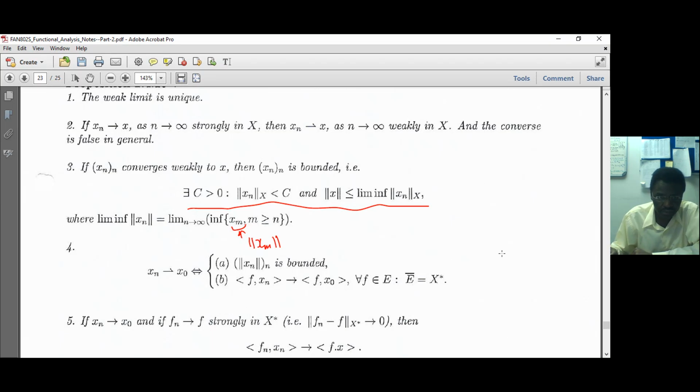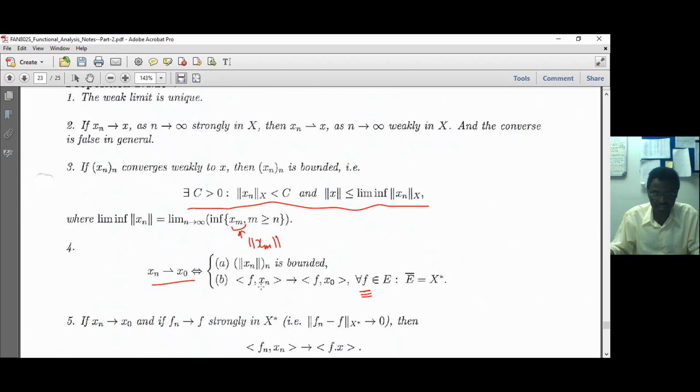Okay, another result. To say that xn converges to x0 weakly is equivalent to the modulus of xn being bounded, and for any f in E, where E is dense in x star.